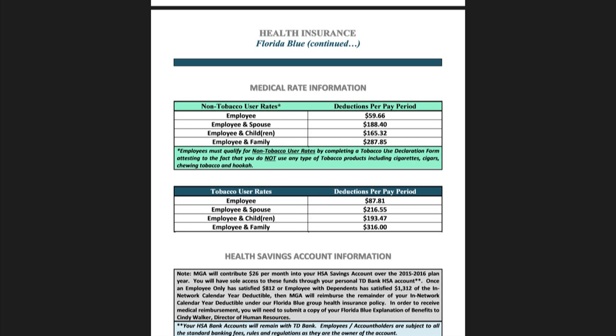As a reminder, in order to receive your medical reimbursement, you must submit a copy of your Florida Blue EOB to Cindy Walker, the Director of Human Resources.